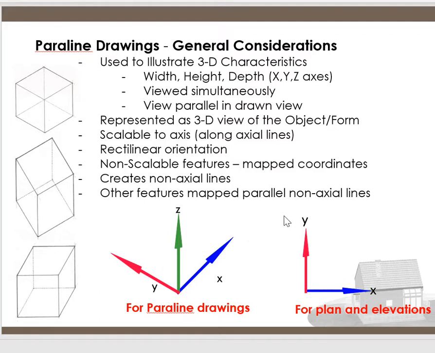Now, we also created these axonometric lines right here. And this whole entire premise is what actually dictates a Paraline drawing. We can map this out, and they have these 3 axes, X, Y, and Z. So you'll see this when you start to do AutoCAD.